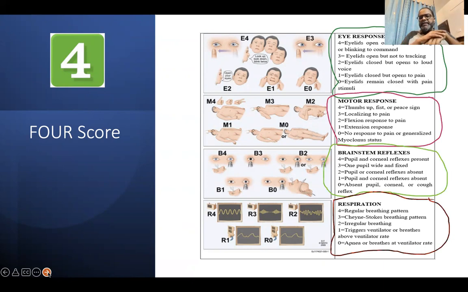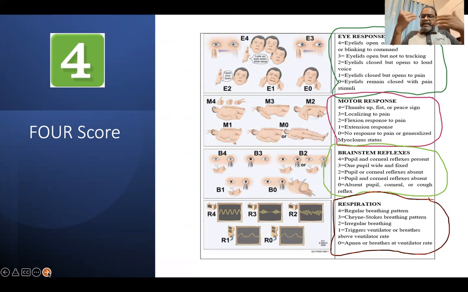The brainstem reflexes are also graded on a 4 scale. In the brainstem reflexes, they look at pupil reactivity and corneal reflexes, whether present or not, and whether present in one eye. In the next grade, pupil or corneal reflexes are absent, or both are absent, or no reflexes at all.